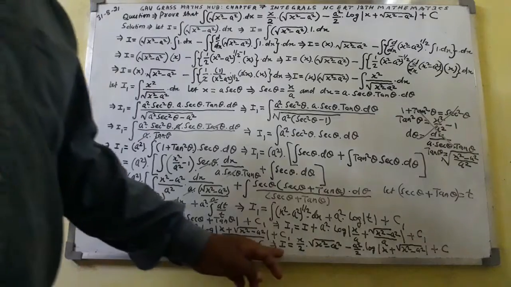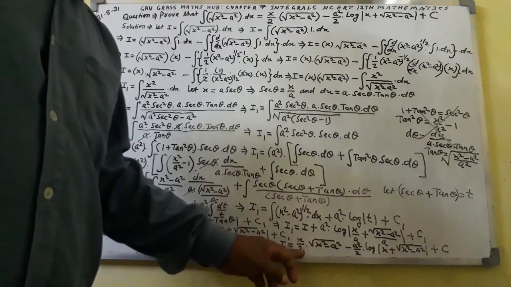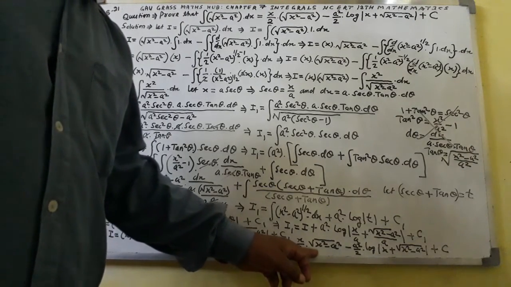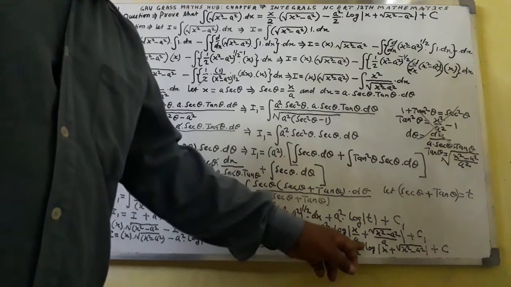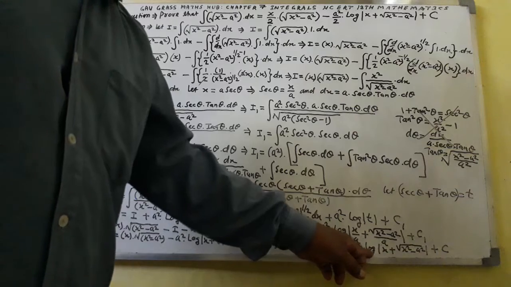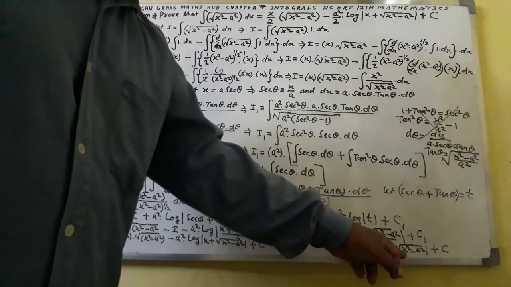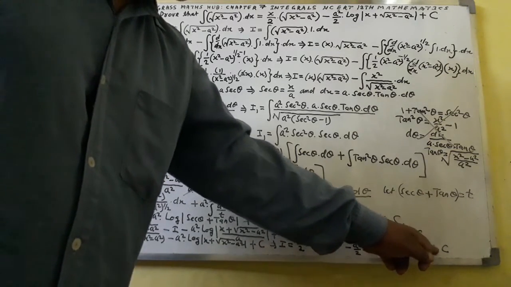So here you have got I equal to x over 2 dot under root x square minus a square minus a square over 2 dot log mod x plus under root x square minus a square plus c.